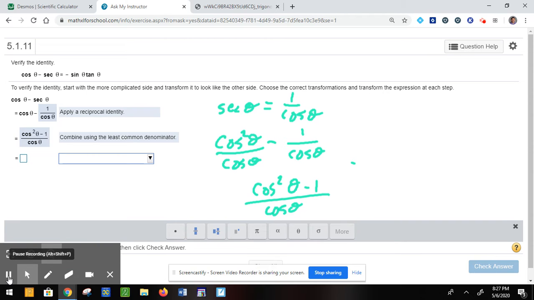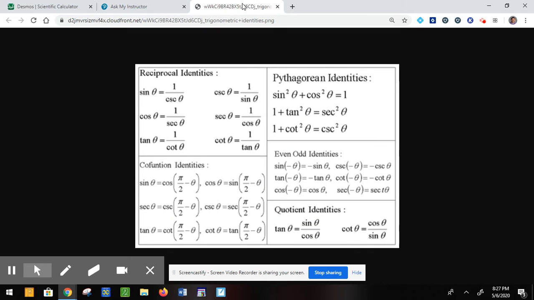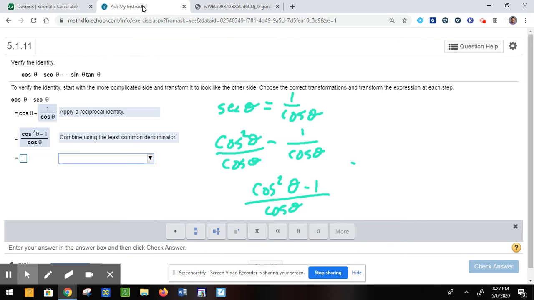All right, now that we have cosine squared theta in the numerator, we're going to use a theorem to handle that. Look over at all my identities and properties. The only one that has a squared in it is the Pythagorean identity. Sine squared theta plus cosine squared theta equals 1. We're going to use that. So sine squared theta plus cosine squared theta equals 1.